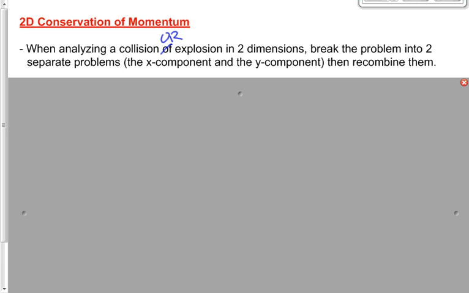Remember, the x component is this, and the y component is this. You always want x and y. Always want x and y if you're dealing with momentum in 2 dimensions. Don't ever try to take a shortcut and skip the x and y. Ever.